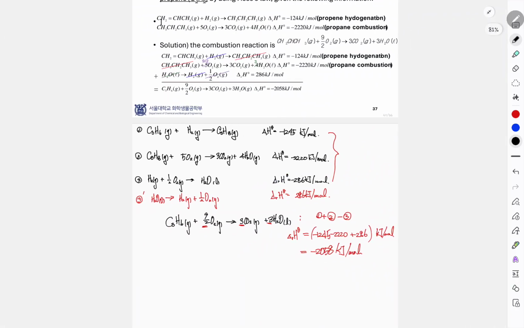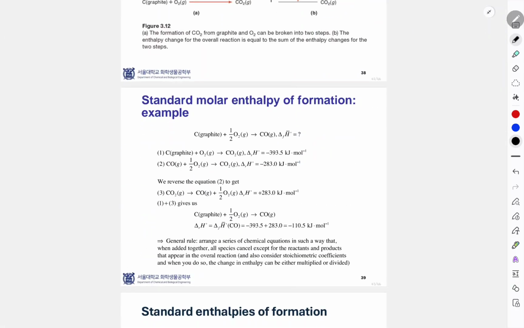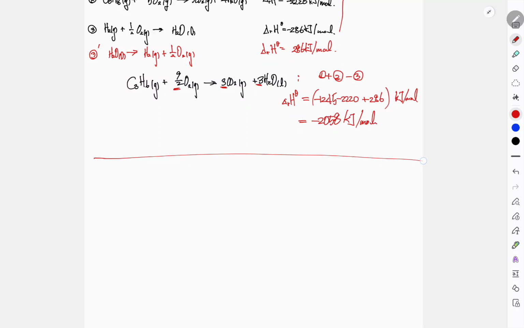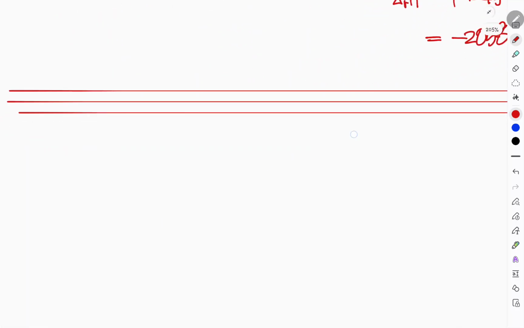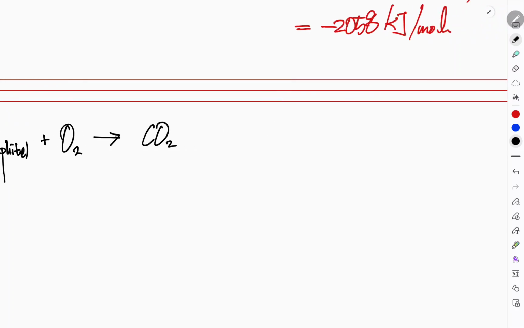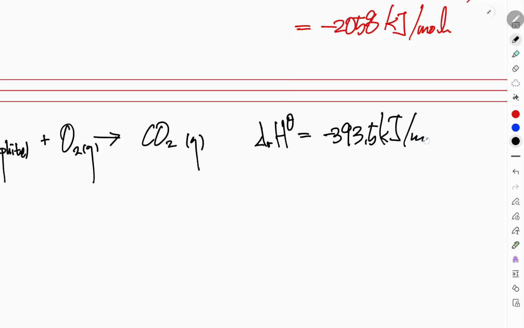Let's assume that we know the standard reaction enthalpy of the complete oxidation of graphite, and the standard enthalpy of the complete oxidation of carbon monoxide here.